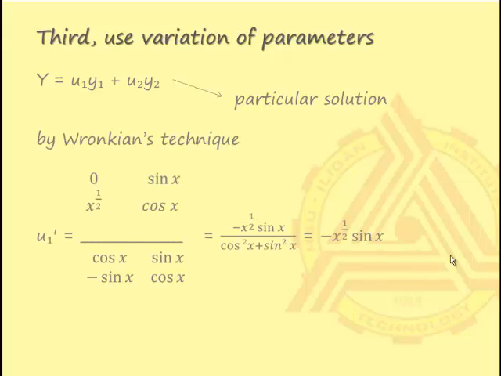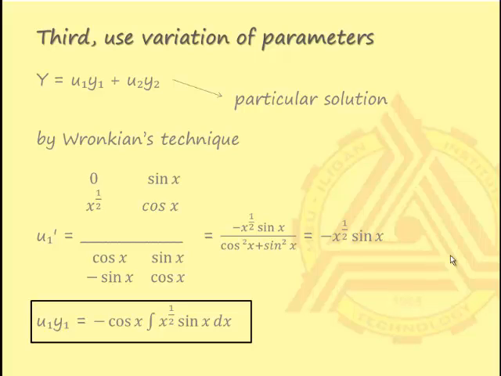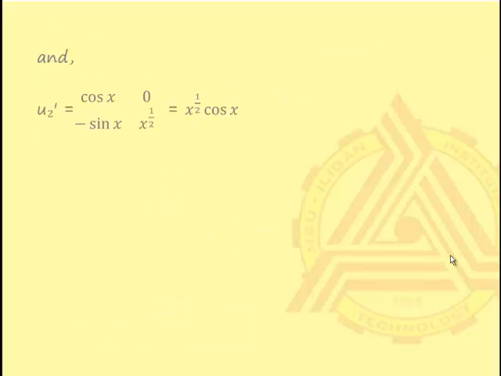Using the Wronskian technique, u1 prime is equal to negative x to the power of 1/2 sine of x, and we integrate to get u1. Then u1 times y1 is equal to negative cosine x times the integral of x to the 1/2 sine x dx. That is one of the particular solutions, or particular integrals, u1 times y1.